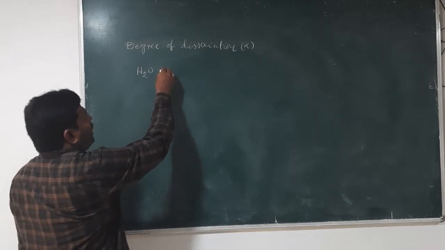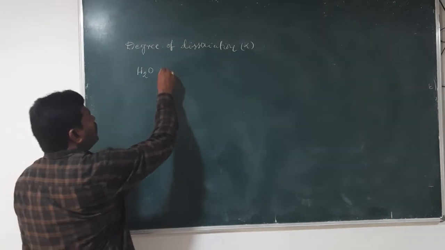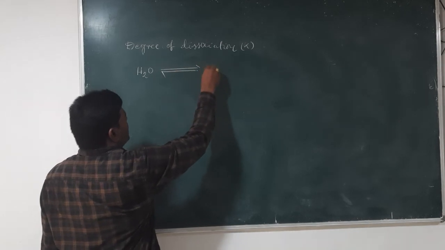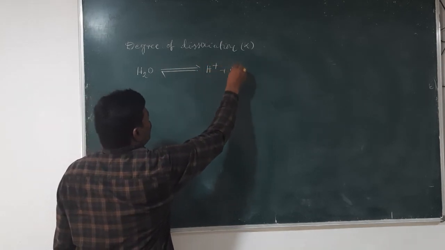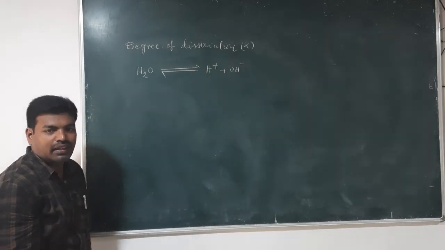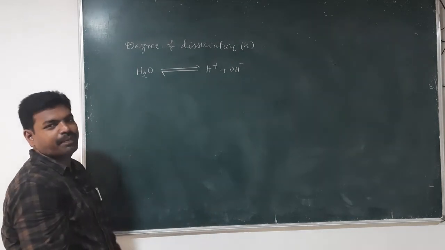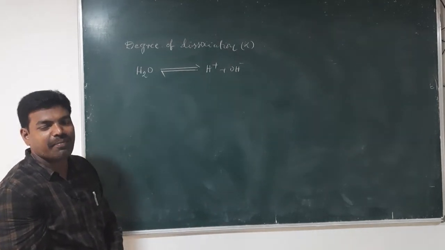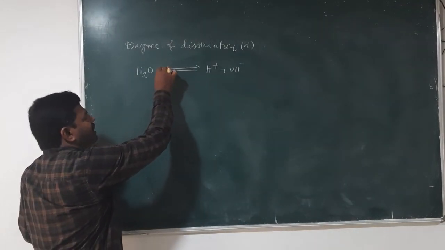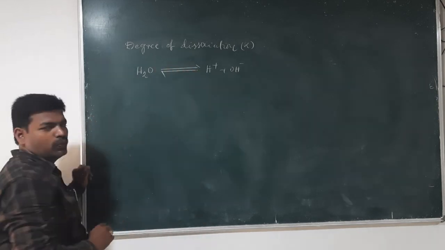H2O undergoes ionization and it forms H plus ions and OH minus ions. Here I wrote a double-headed arrow.